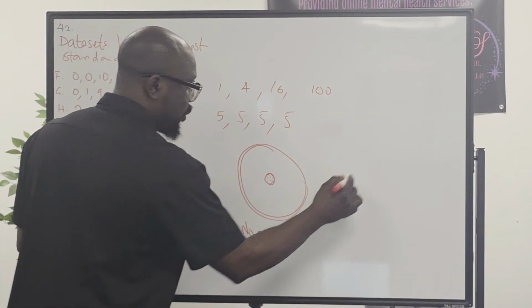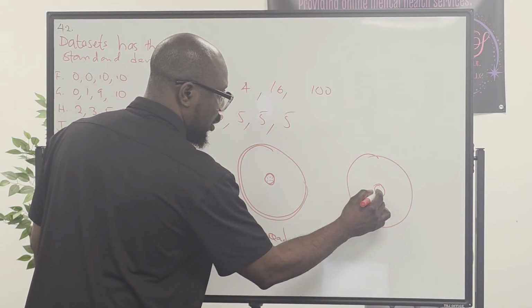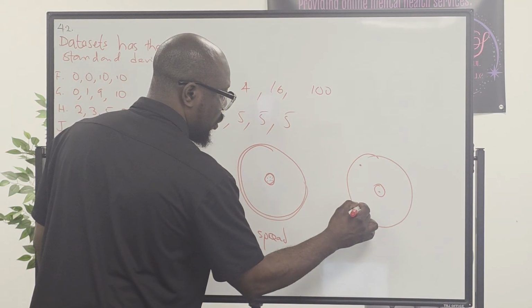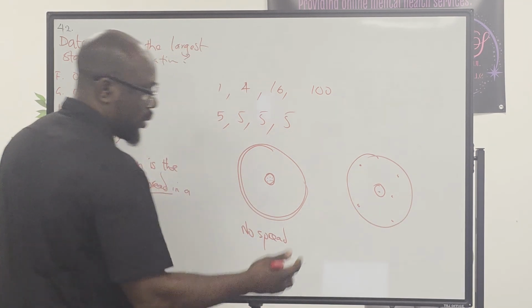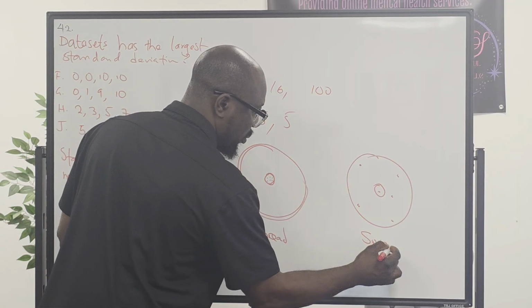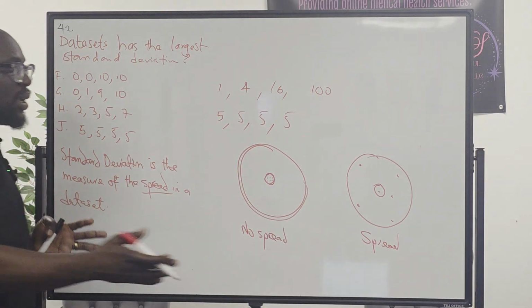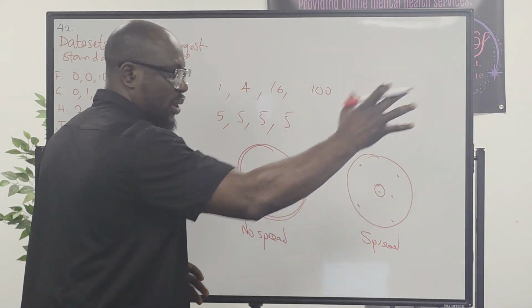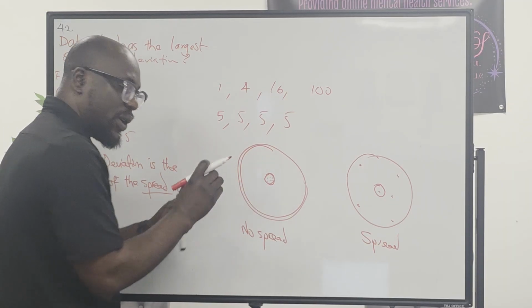If another person shoots at the same target and you have one here, one here, one here, and one here, this is a big spread, right? So you can say there's a bigger standard deviation here because everything is just everywhere, compared to here, where everything is very close together.